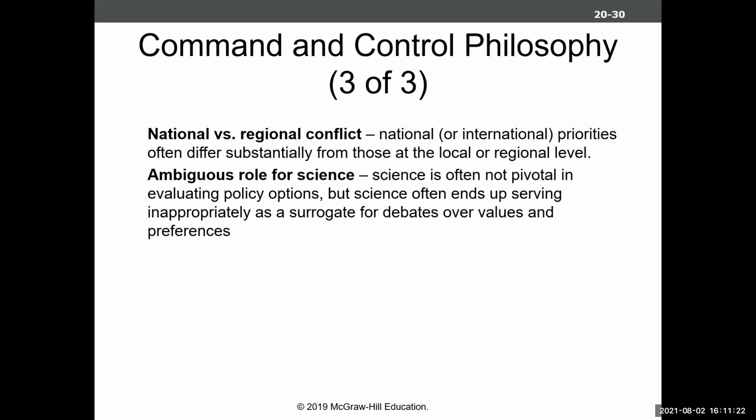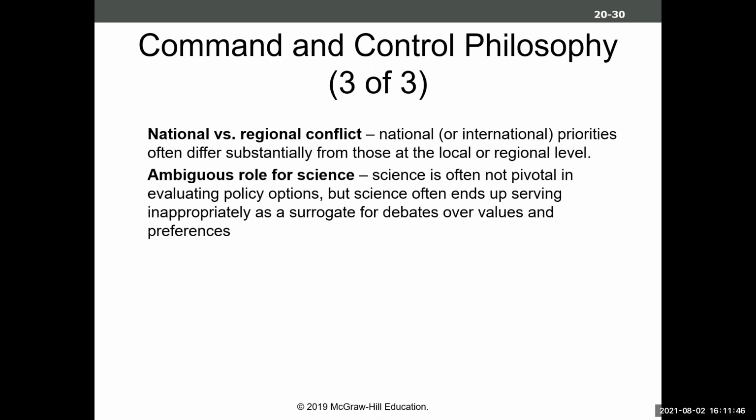So national, or we could also say international, priorities will differ from local and regional priorities. So what is a priority of a city versus a state could be very different based off of their local resources versus the state's resources, and how they utilize and affect those.